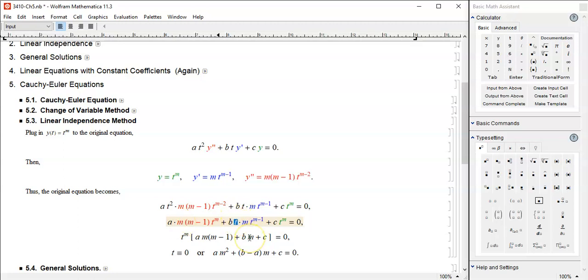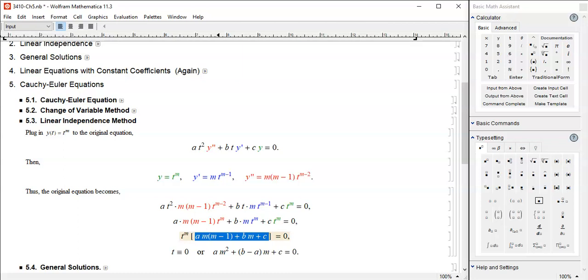How about this t? Multiplied, I'm going to get just t to the mth power. We're almost there. We factor out the common factor t to the mth power, and what's left is this equation: a m (m minus 1) plus b m plus c.